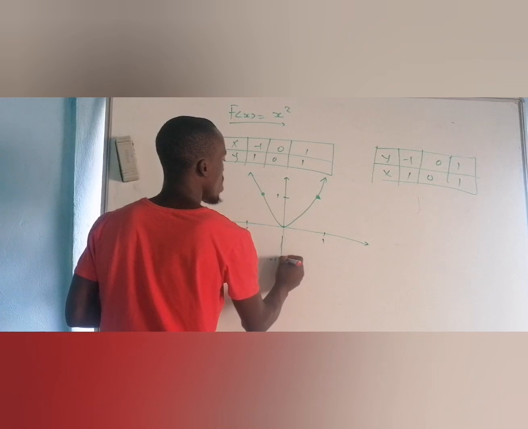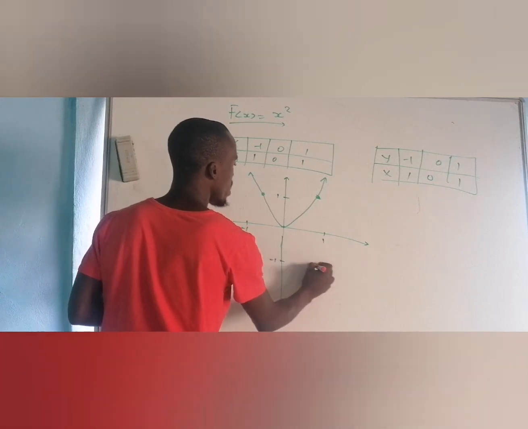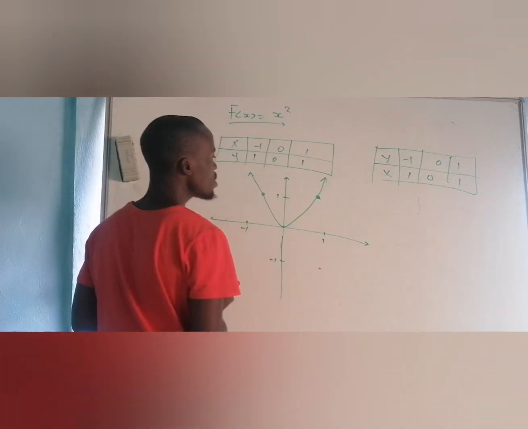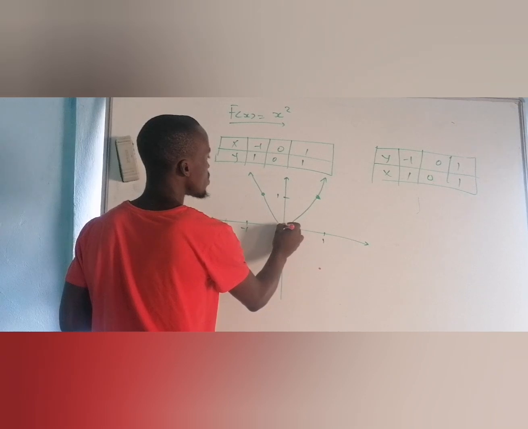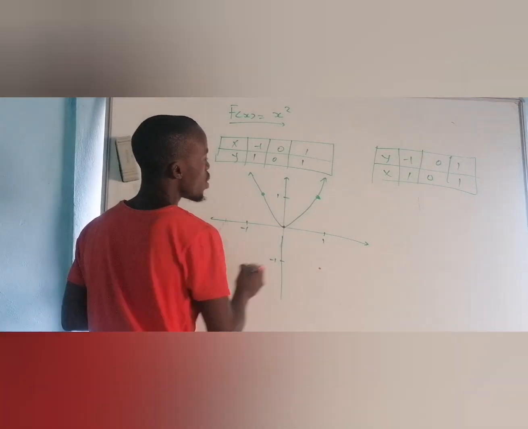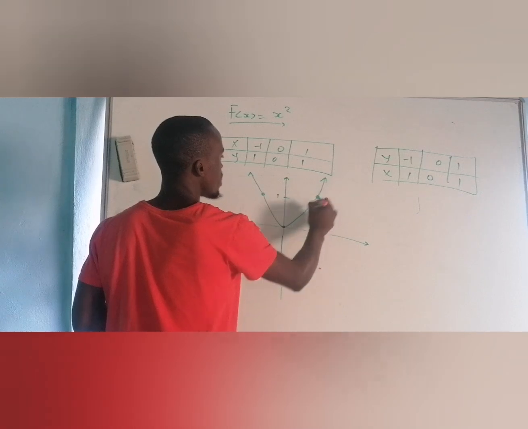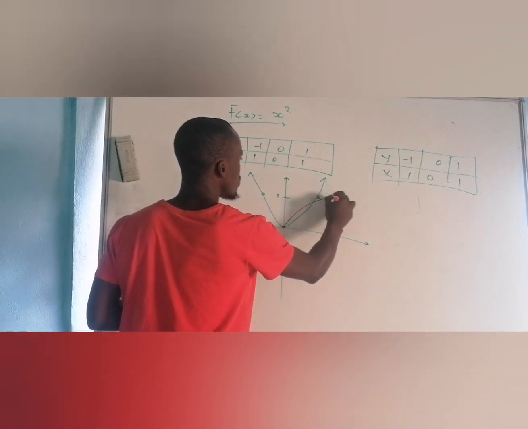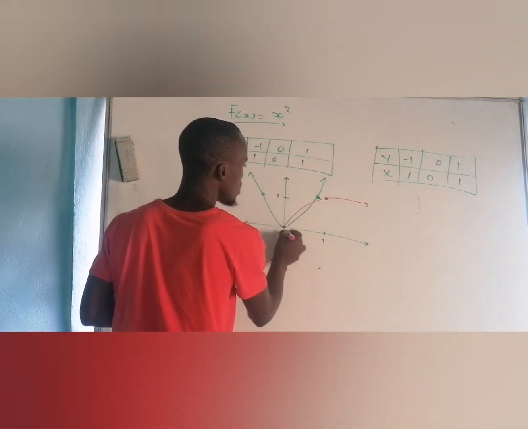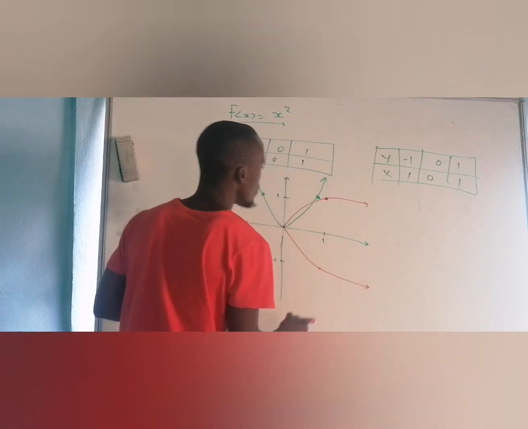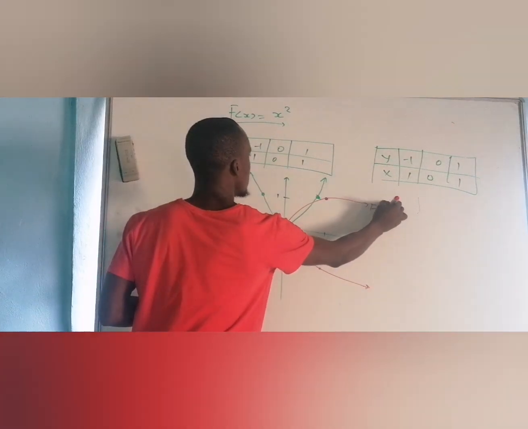So negative 1 is to positive 1. It's here. Therefore 0 is to 0. It's there. 1 is to 1. This point is somewhere here. Then you just join those points.